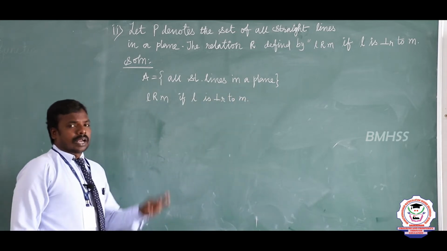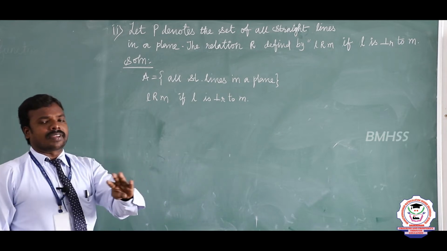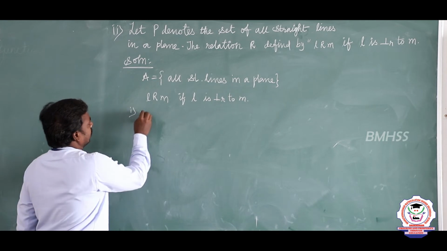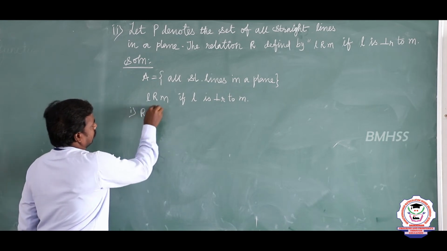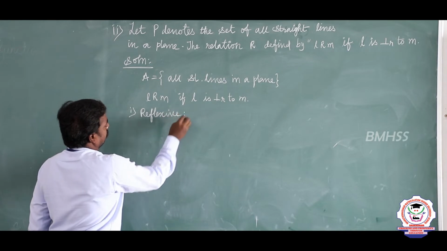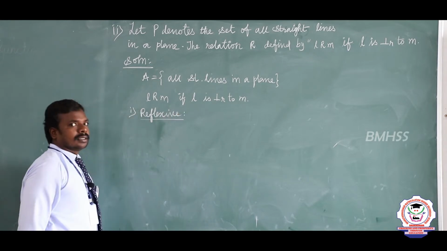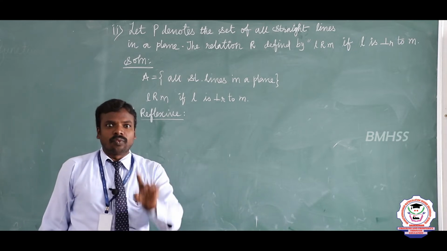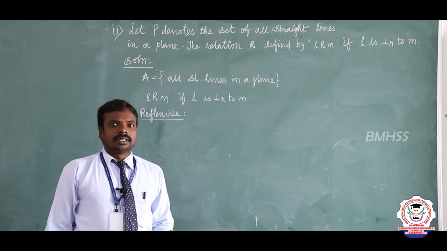Now I am going to check the three relations, that is reflexive, symmetric, transitive. First relation, reflexive. To check reflexive, how many elements do we need? Only one element.